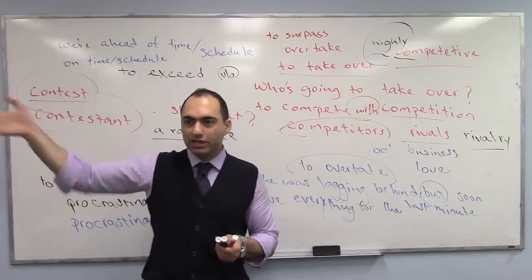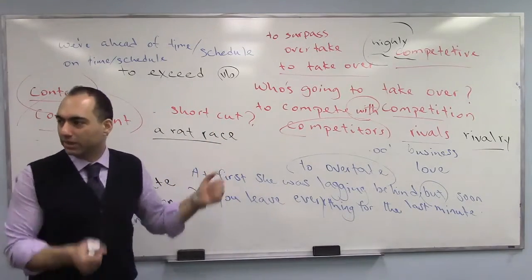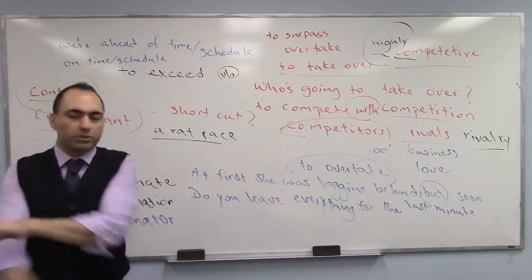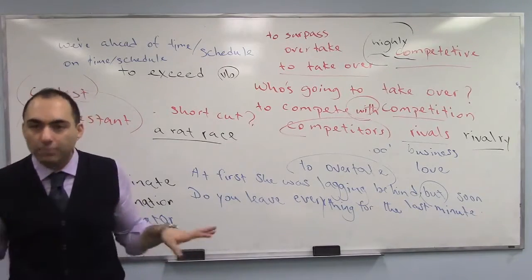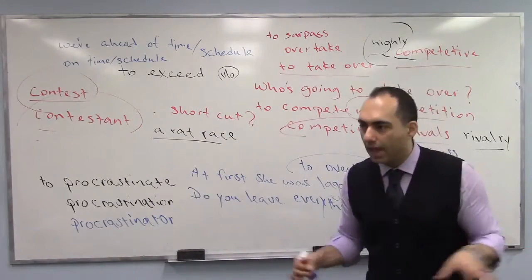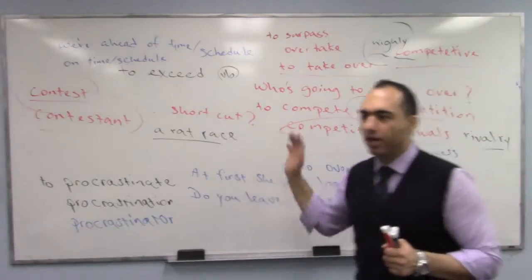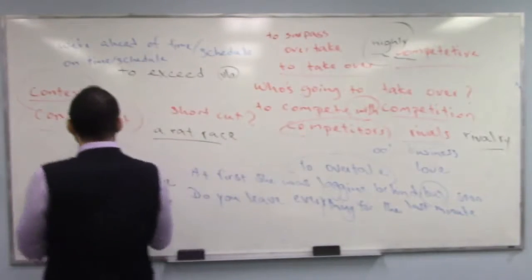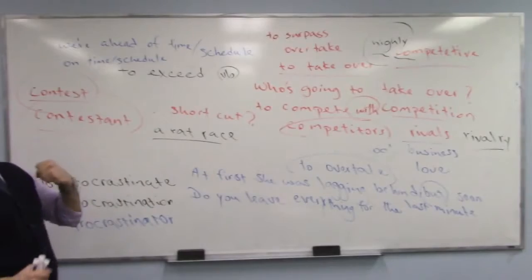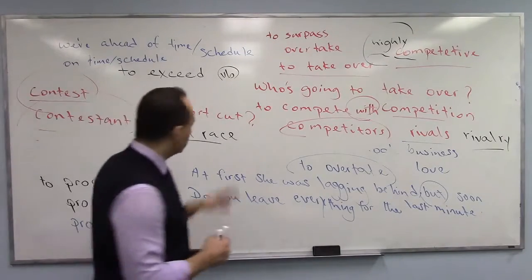Like in politics, usually they say it's a rat race. For power. People want to get to power anyway. They will do anything, sacrifice or compromise any ethical or moral values in order to win and become, for example, the mayor. So that's a rat race.